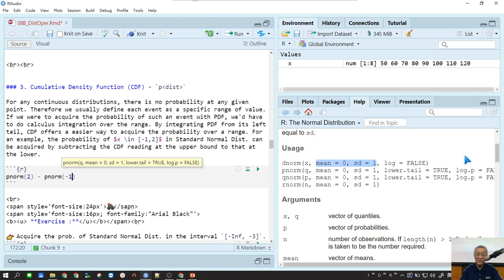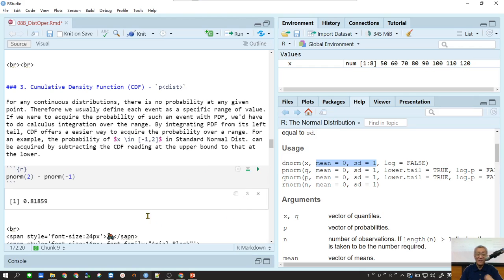So this is the probability, right? Professor, for the function P norm, if we do not mention the mean and the standard deviation, what will it use? Yes, because this function has a default value here, and this is the argument of the standard normal.